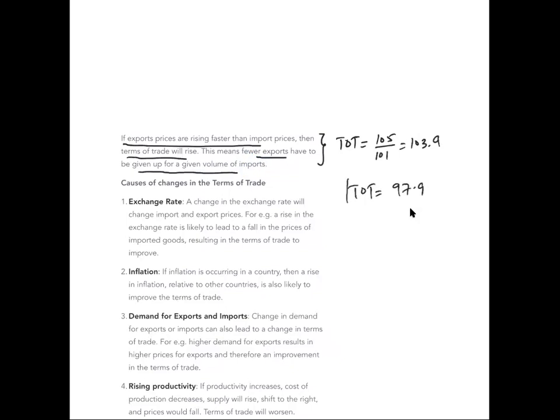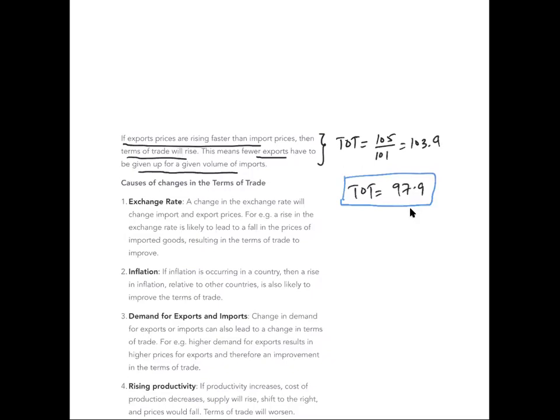Now if I give you this kind of a value, you will say that if import prices are much more than export prices, then for any given level of import, a country has to give up a lot of its export. So Pakistan, because it exports textile, has to give up a lot of textile for any given number of cars that they get, or any given number of computers that they get, because those are much more valuable.